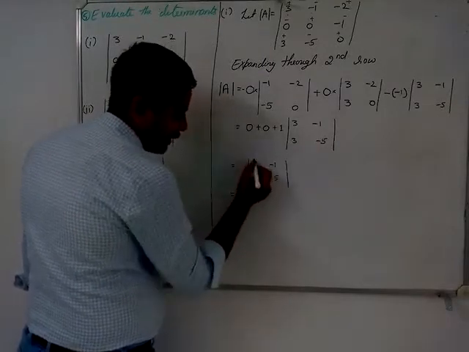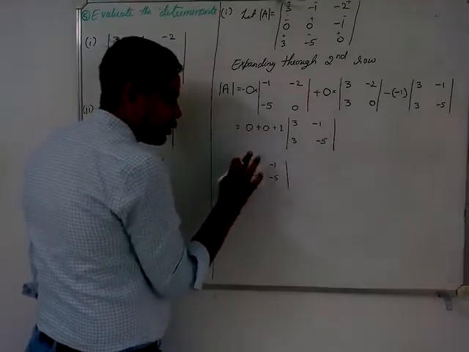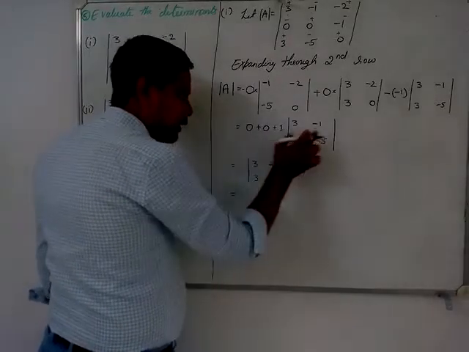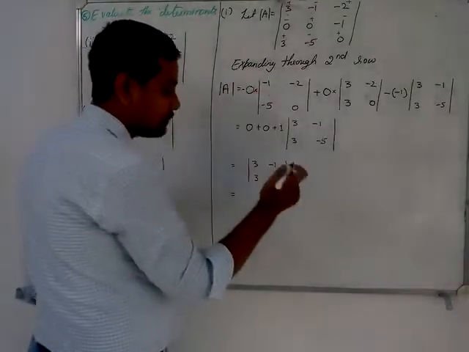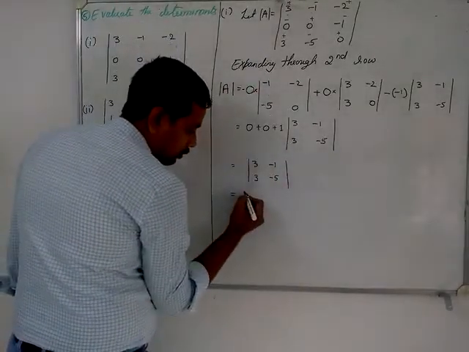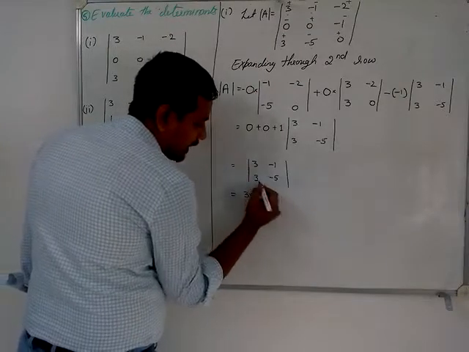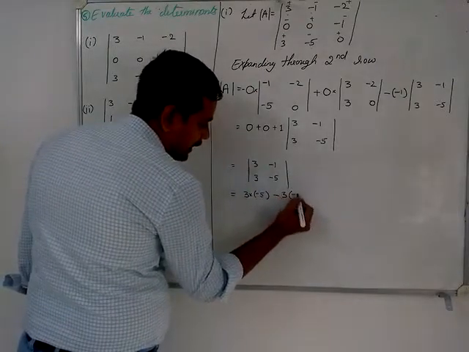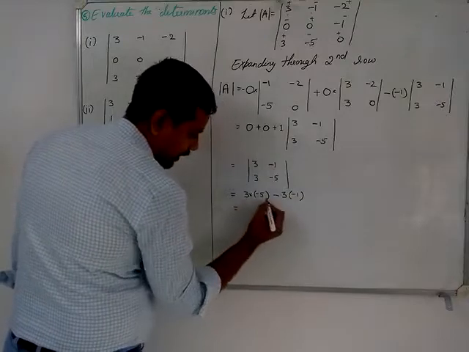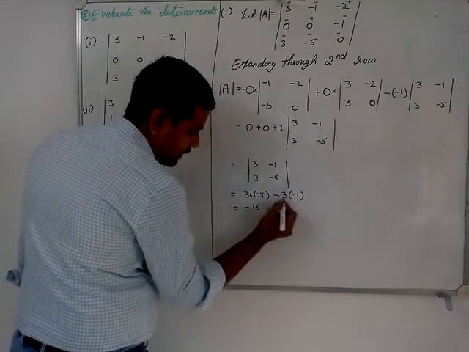What is the value of this determinant? Because 0 plus 0 is 0, you can neglect those, and 1 into this determinant will be this determinant only. So 3 into minus 5 minus 3 into minus 1. 3 into minus 5 is minus 15.